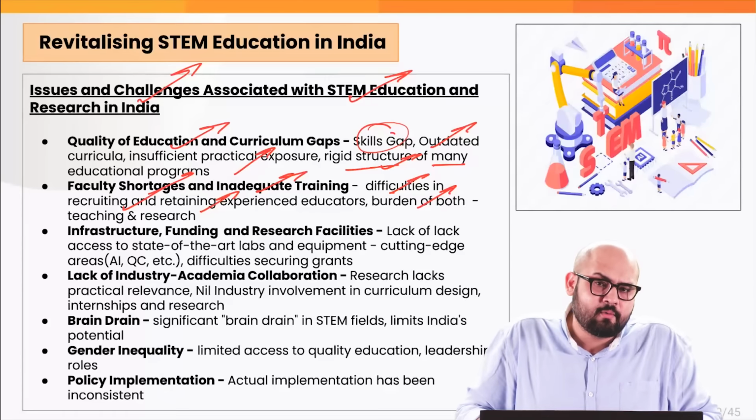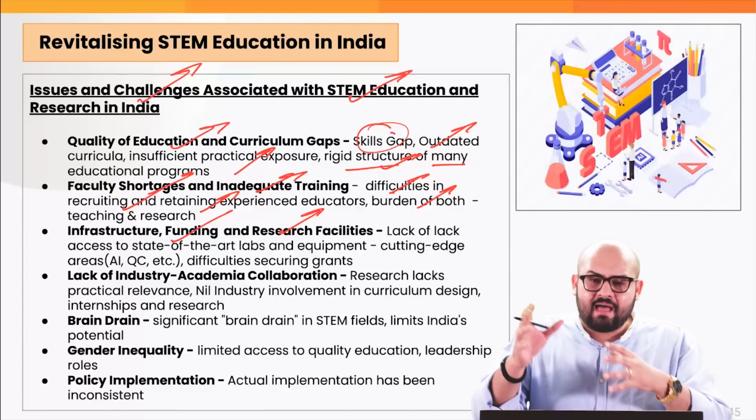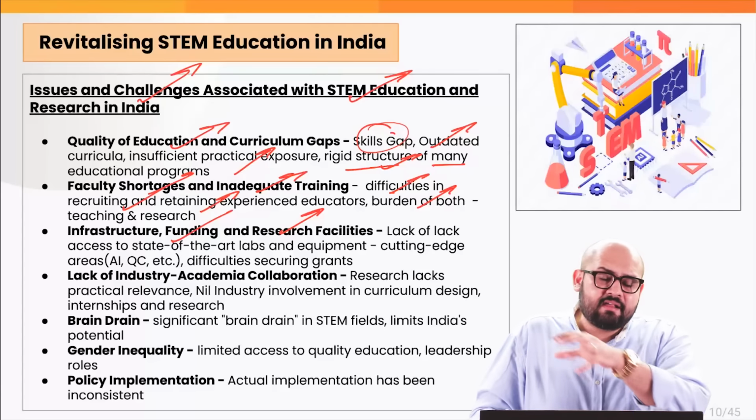Next is infrastructure, funding, and research facilities. See, if you really want to compete with countries like China and the US, you need to have research facilities which are state of the art, which are at the best level, right? Which provide all the equipment and the necessary assembly lines and everything.